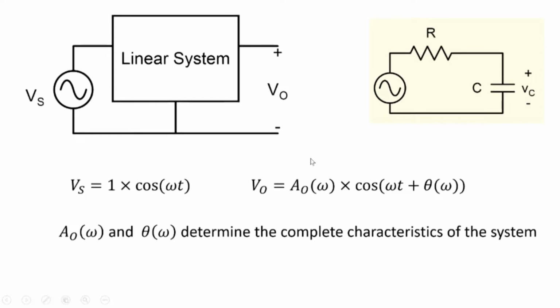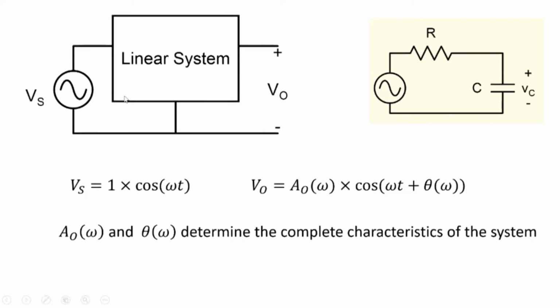This is an alternative way. You could also understand the system not sinusoidally, but for example by applying a step voltage going from 0 to 1 volt and then looking at the transient response. You can also characterize it by that means.